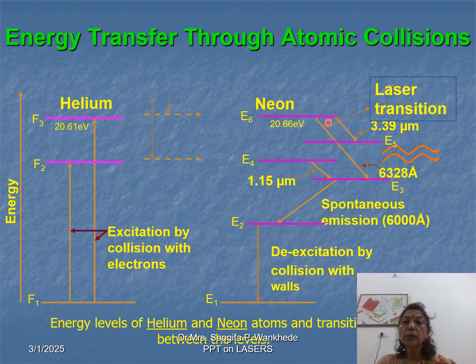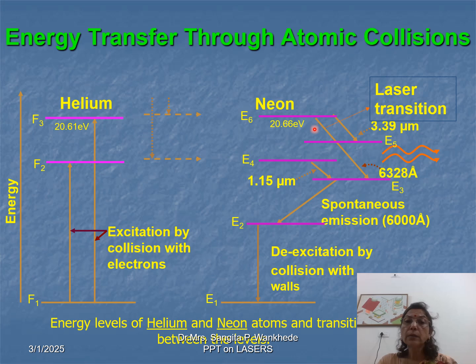So population inversion is achieved between E6 and E5, E6 and E3, and E4 and E3. Therefore there is a lasing transition. One of the spontaneously emitted photons will trigger the stimulated emission. In between E6 and E5, population inversion is achieved and a laser beam of 33,900 angstrom comes out.